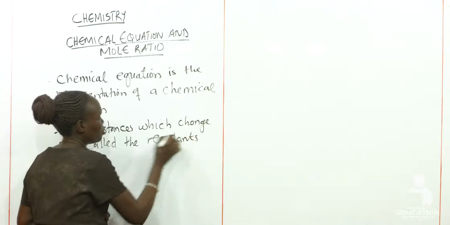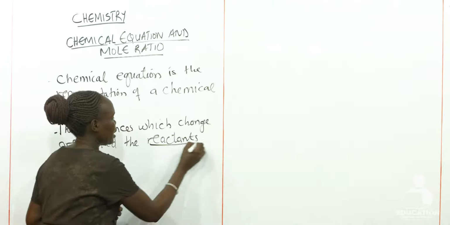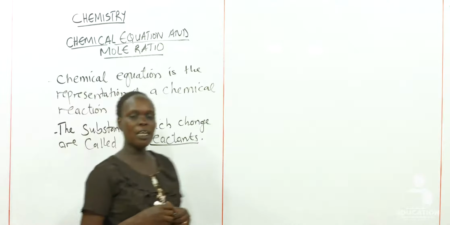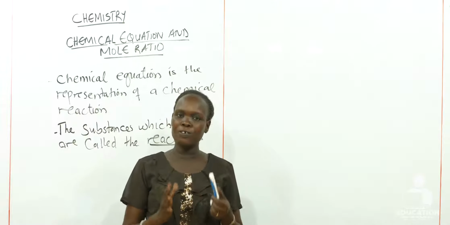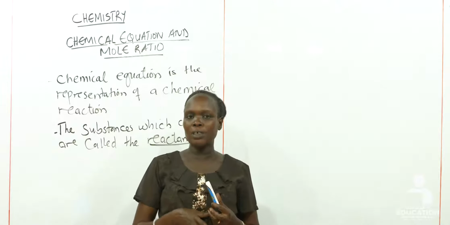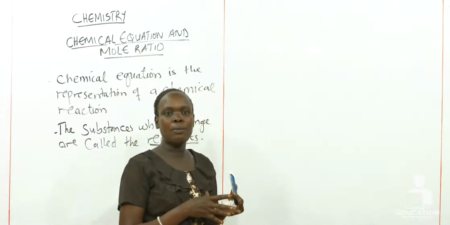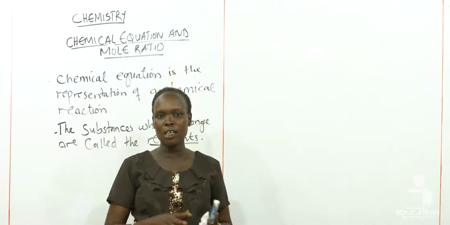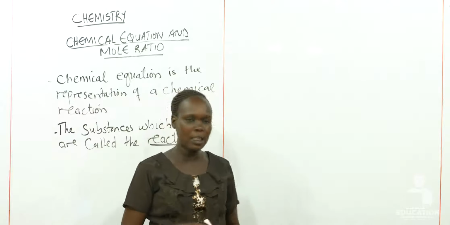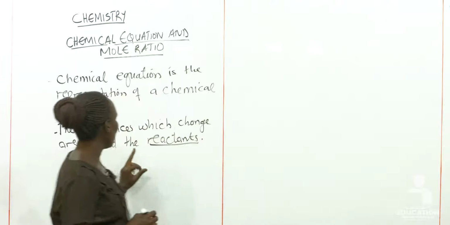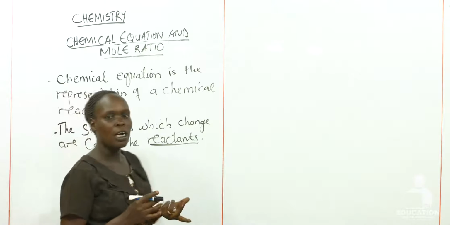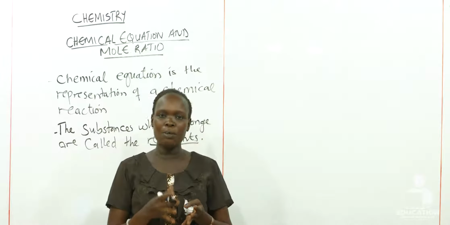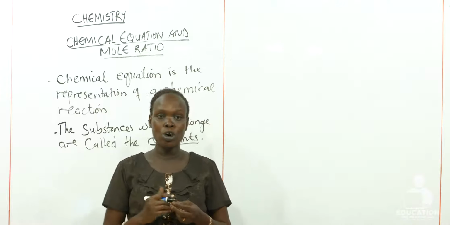Here we are representing the substances, which can be the same atom or different atoms reacting together, and we call them reactants. So reactants are substances that are reacting on each other or coming together to form a new compound.